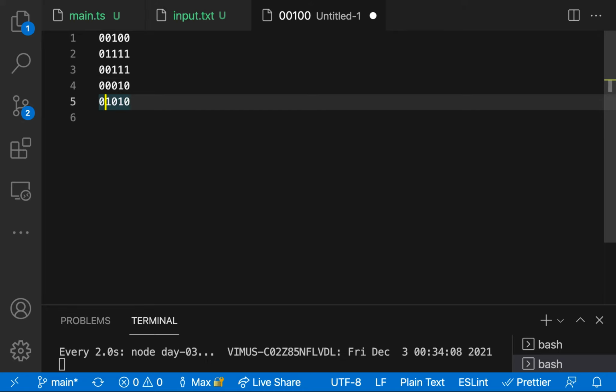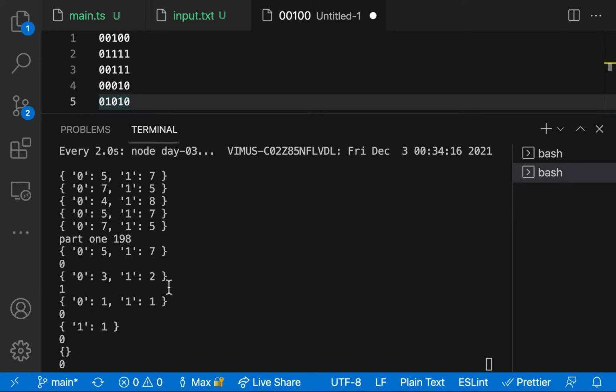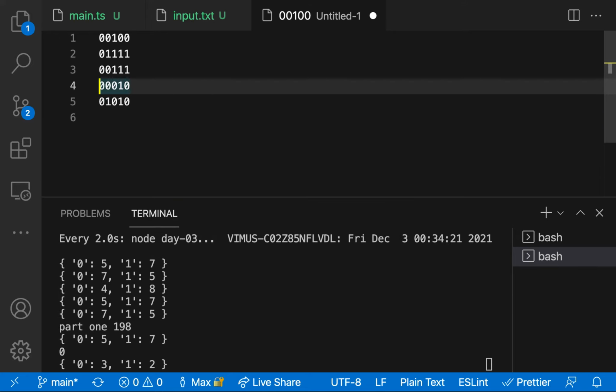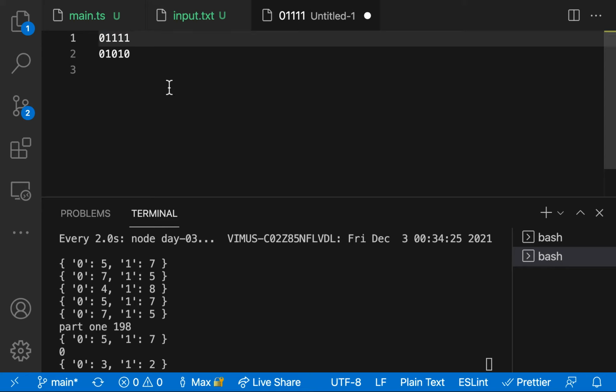So then we look at the next column, it should be, I guess, 2 1s and 3 zeros, which, is that what we have? Yes, so then we keep the 1s. So we go to the third column, and they're equal, so it should be tie goes to the 0.